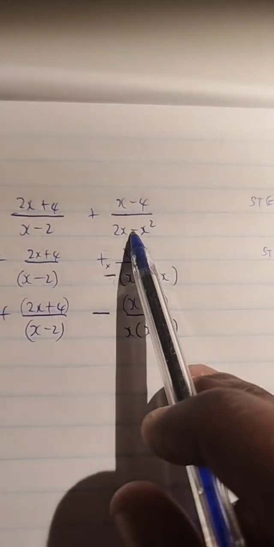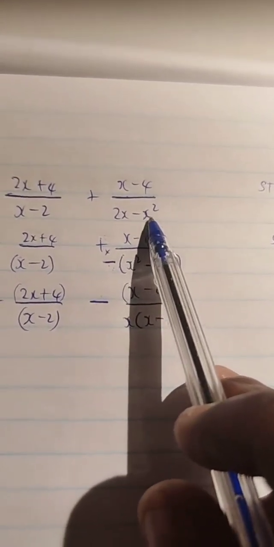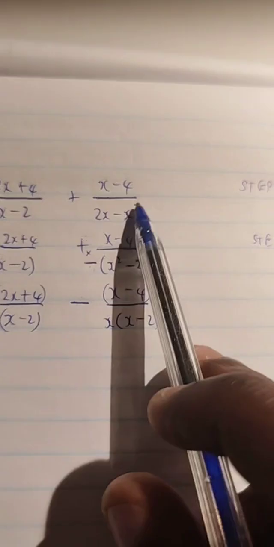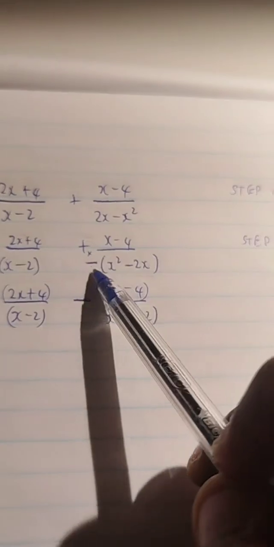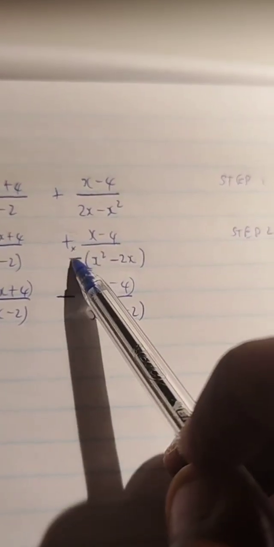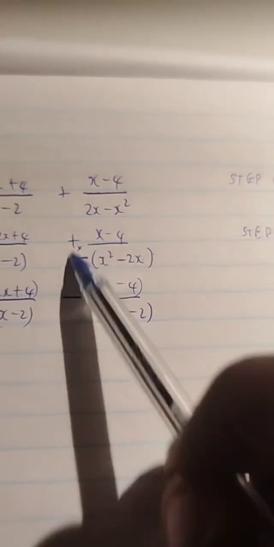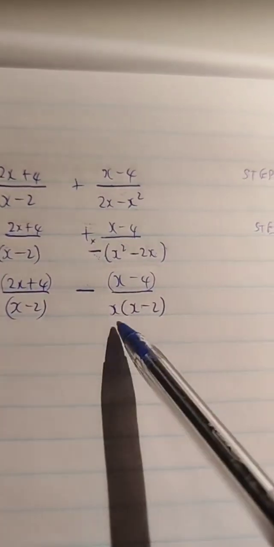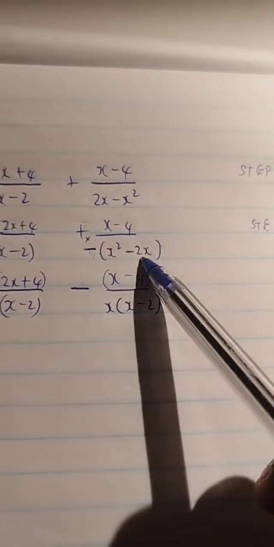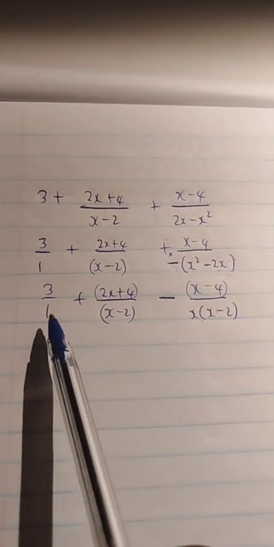We always do that when there's a negative sign and we can see that the last term is the variable that has the highest exponent and there's a negative sign in between. You can apply the sign change rule, take out the negative, fix the order, and then the negative times the positive will give us one sign in between the two fractions. We resolve the sign. We can now factorize x squared minus 2x, take out the highest common factor, we're left with x minus 2. So now all of our denominators have been factorized.